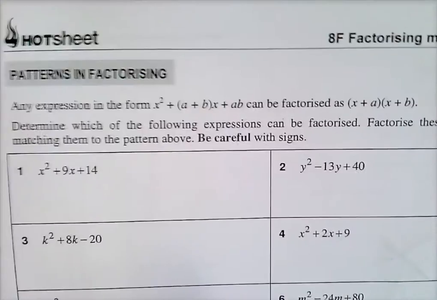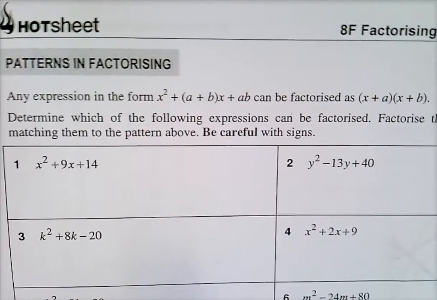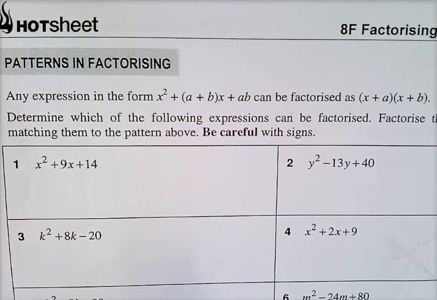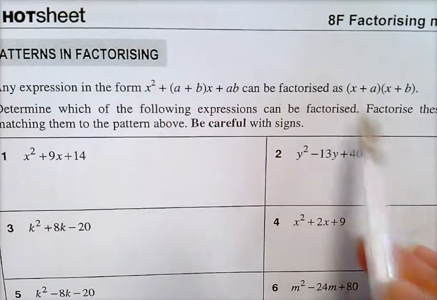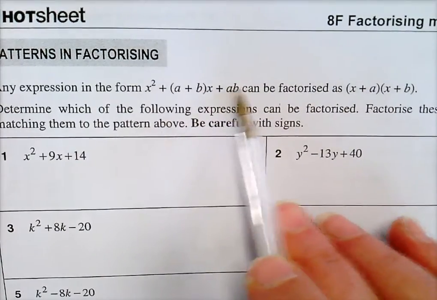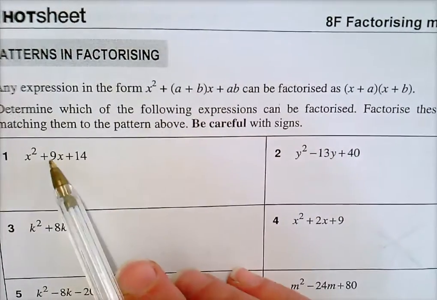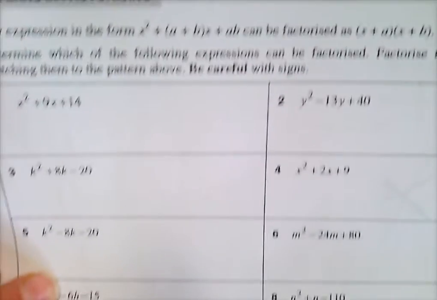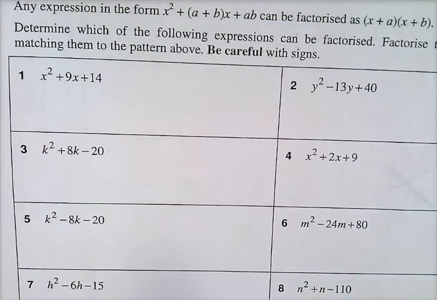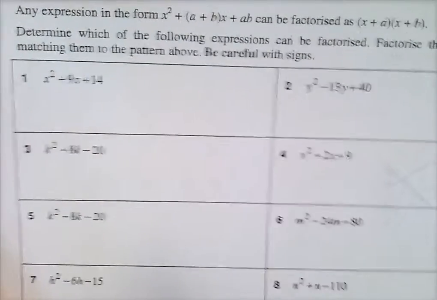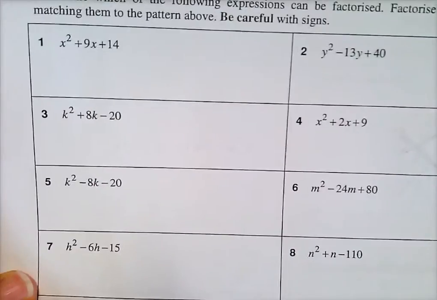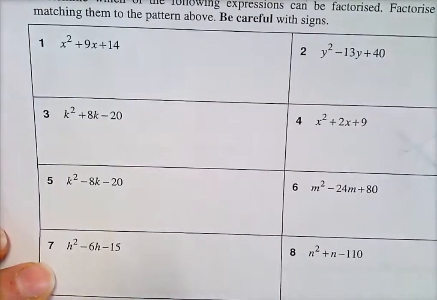Okay, last page. And we're looking for patterns. Now, girls, remember, all this is saying here is that we need 2 numbers that multiply to give the last number, and 2 numbers that add up to give the 9. Some of these cannot be factorized. Every quadratic trinomial doesn't have to be able to be factorized with whole numbers.